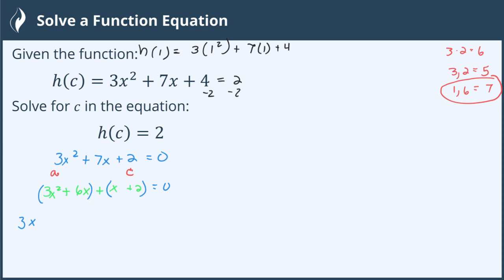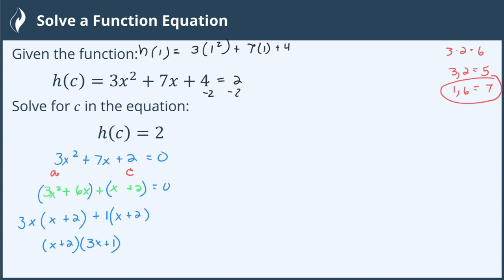And what does that leave me with? 3x squared leaves me with just an x, and here it's going to leave me with just a 2. On this one, we already have the x plus 2, but we need another factor, so we take out a 1, which in essence isn't doing anything. So now we have the binomials x plus 2 and 3x plus 1.